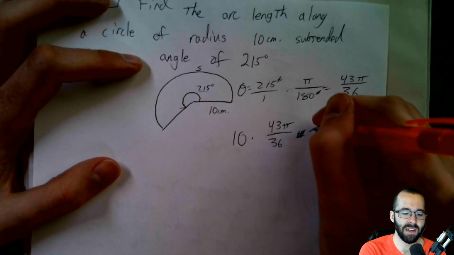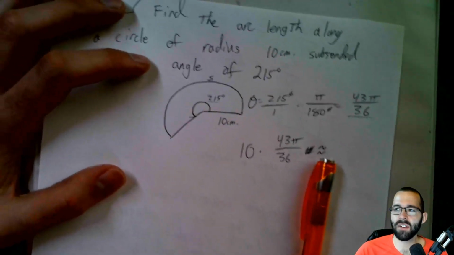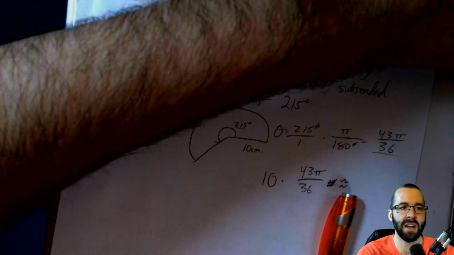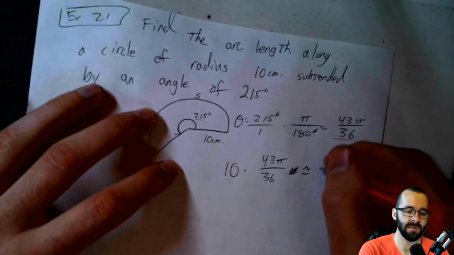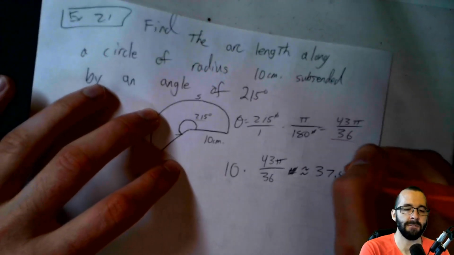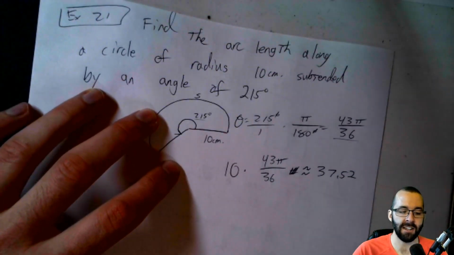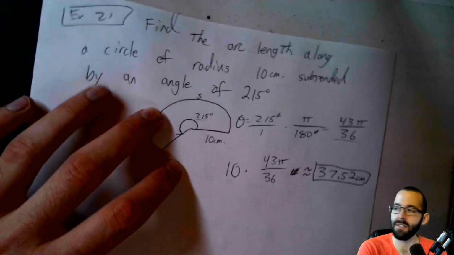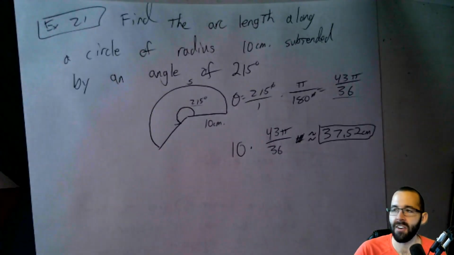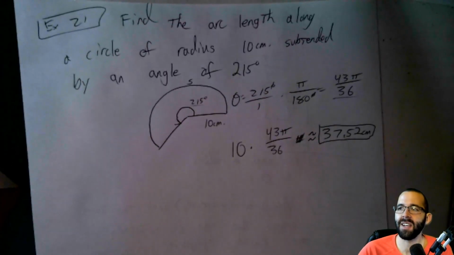And let's not write an equal sign. Now that this is our final step, let's find an approximate for that. 43 pi divided by 36 times 10, that is approximately 37.52. And again, units are important. The length is in centimeters.